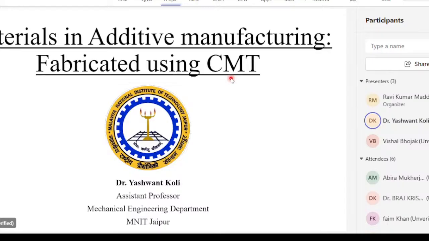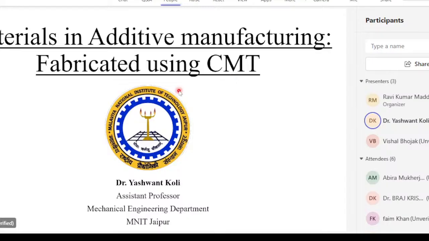A characteristic of CMT is very little or negligible spatter while joining, and while fabricating single-wall or multi-wall components using additive manufacturing.